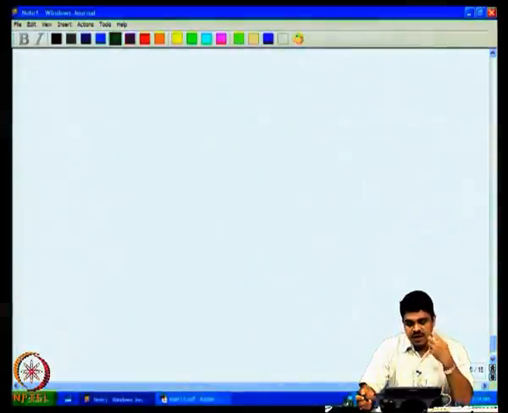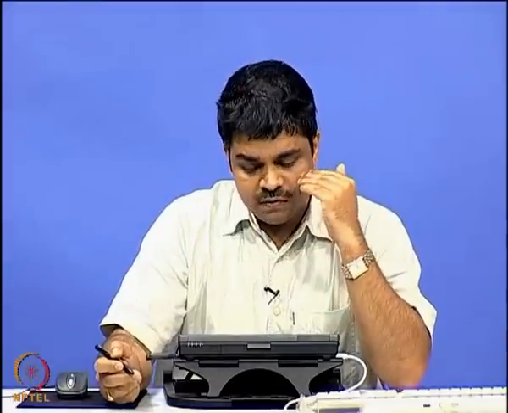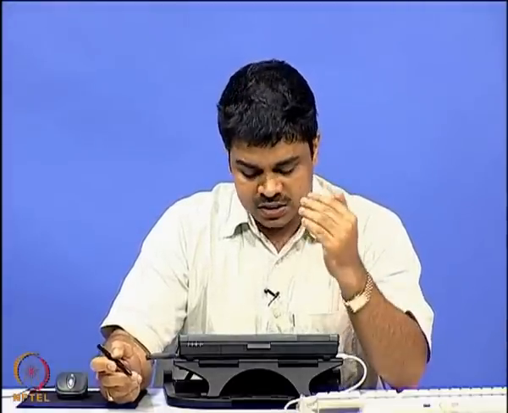But still we can try to come up with some kind of an upper bound, like saying that okay, whatever it is may not be optimum, but we have only used this many colors. So what kind of upper bound is possible?